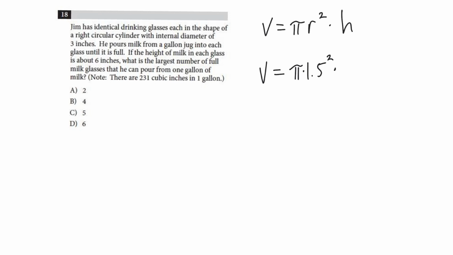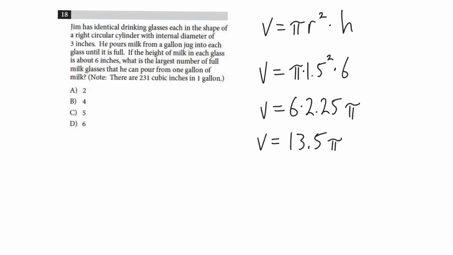And the height is going to be filled to 6 inches. So I am going to pull up my calculator here, and I'm just going to do 1.5 times 1.5. That gives me 2.25. Well, it's going to be 6 times 2.25 pi. And that is going to be 13.5 pi is the volume for each of these glasses.